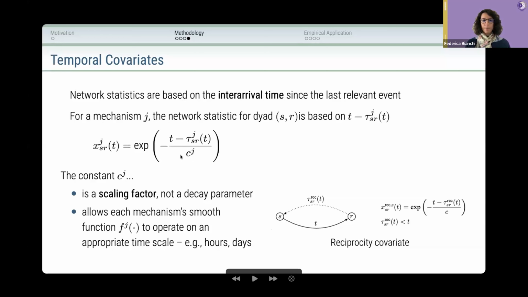So this CJ is not a decay parameter, it is instead a scaling factor, and it can provide us information about the time windows or the time scale across which a mechanism operates. For instance, this can be defined in terms of hours and days, and this is actually what we do in our empirical specification.